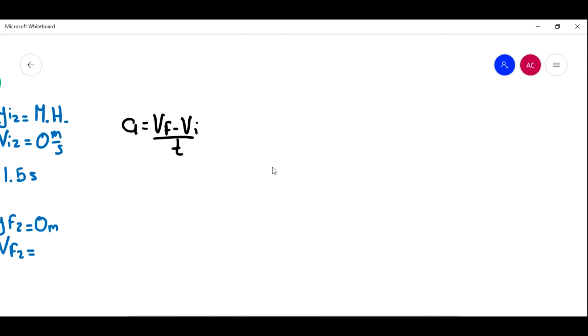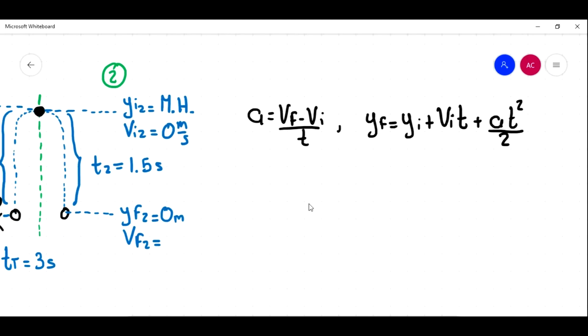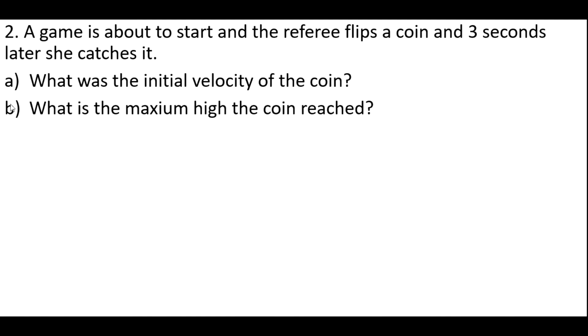And the other equation, final position equals initial position plus initial velocity multiplied by the time plus the acceleration multiplied by the time squared over 2. Okay, so let's see the questions because I don't remember. It says what was the initial velocity of the coin.